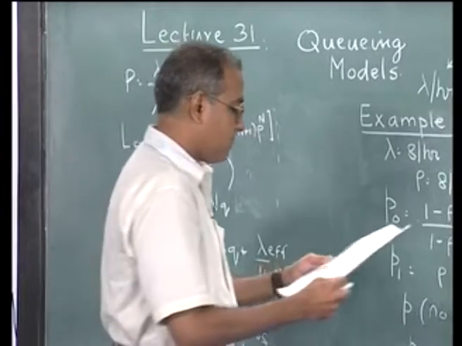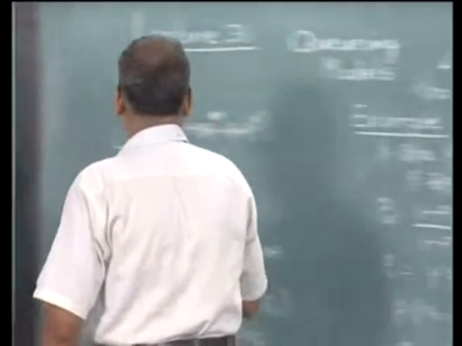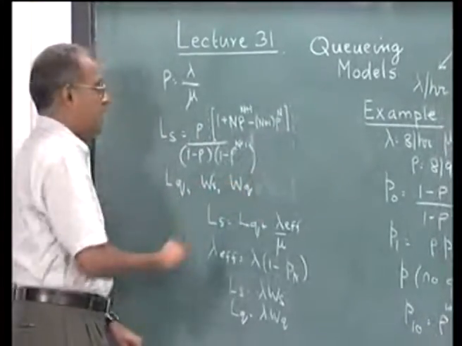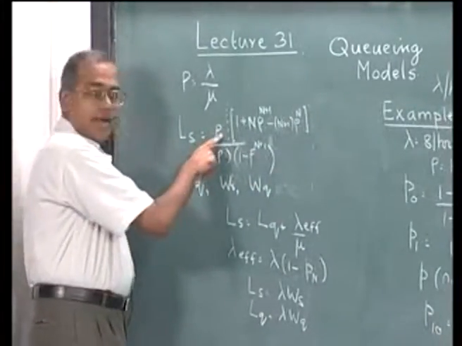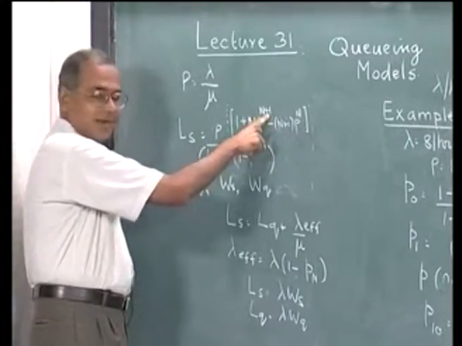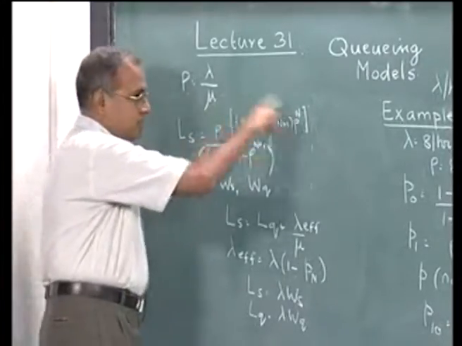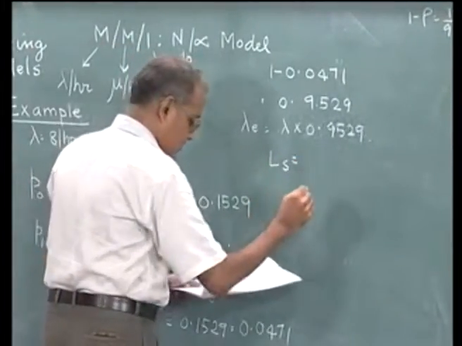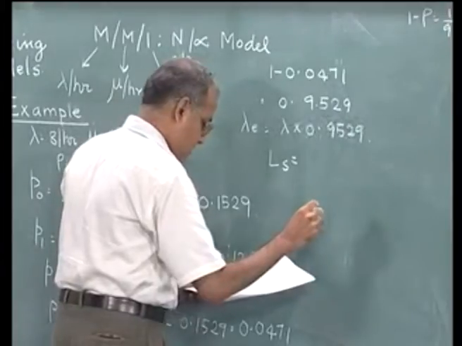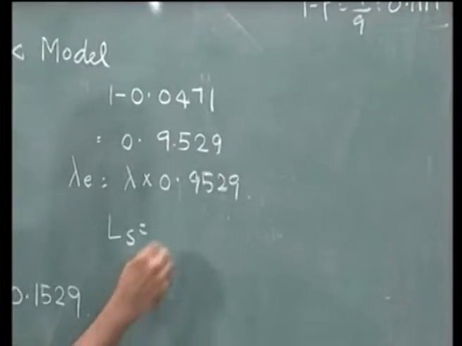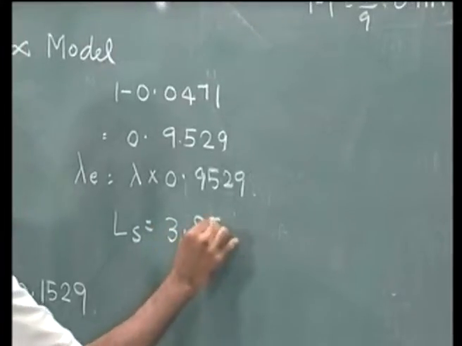Now, continuing, expected number in the system Ls is given by this formula. Substituting the values here, rho is equal to 8 by 9, capital N is equal to 10, so n plus 1 is 11. We can do this computation to get Ls, which would give us 3.856.